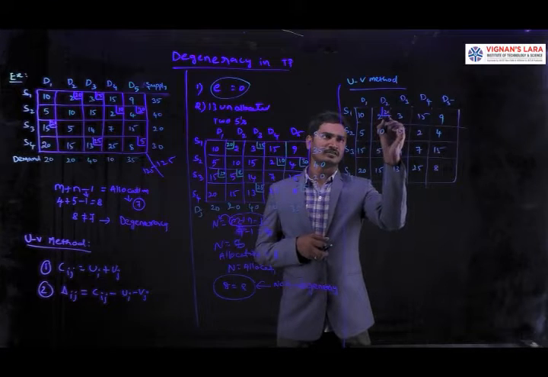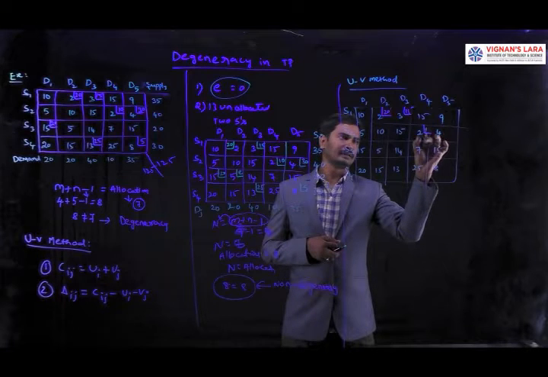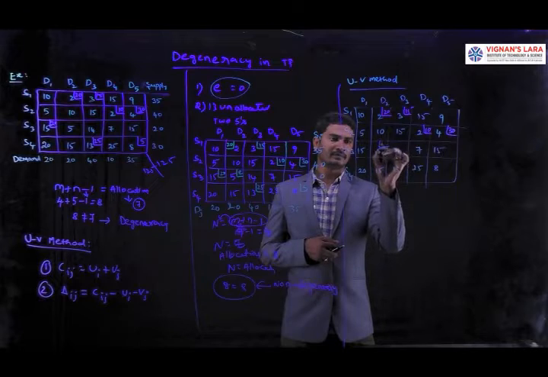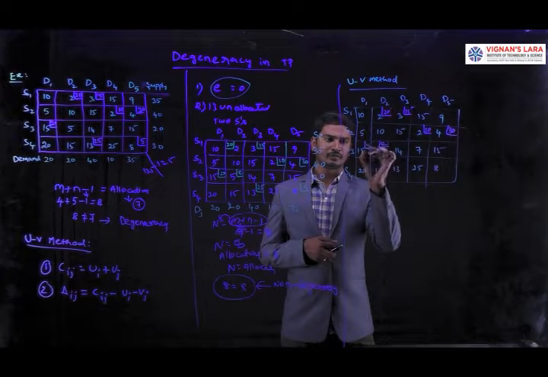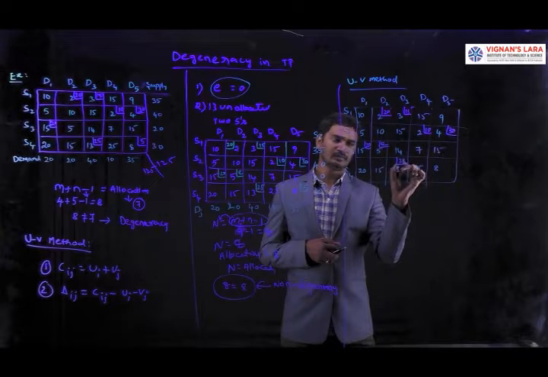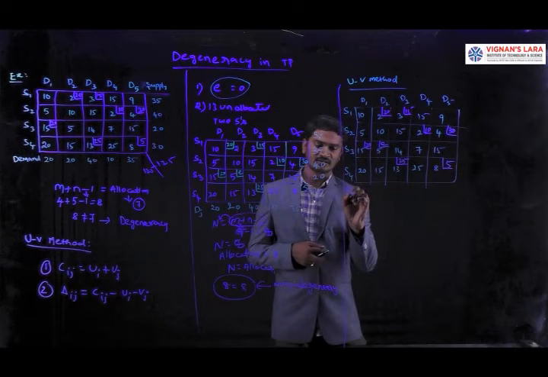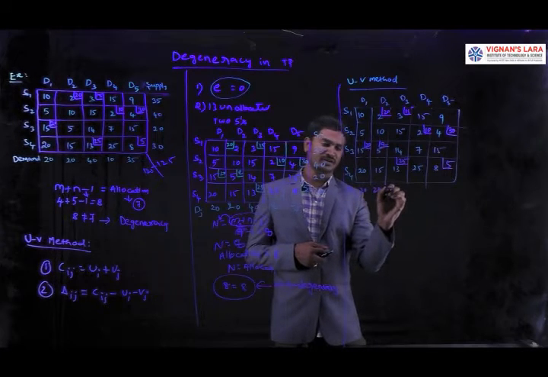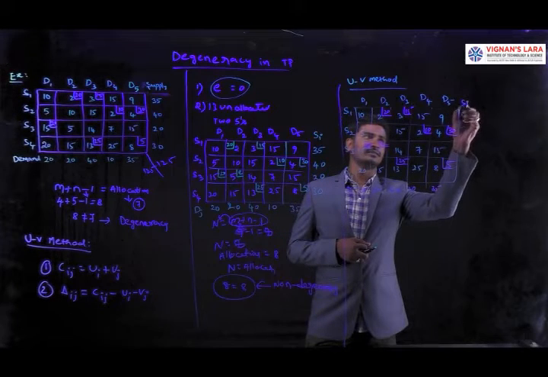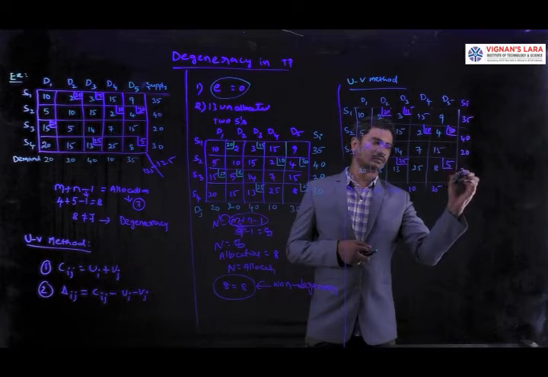Here we have the allocations 20, 15, 10, 30, epsilon, 20, 25, 5. Then Dj is 20, 20, 40, 10, 35, and the supply is 35, 40, 20, 30.